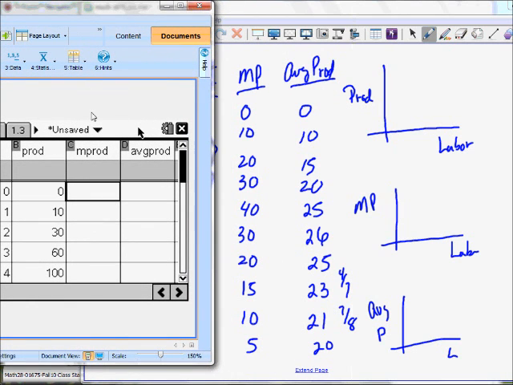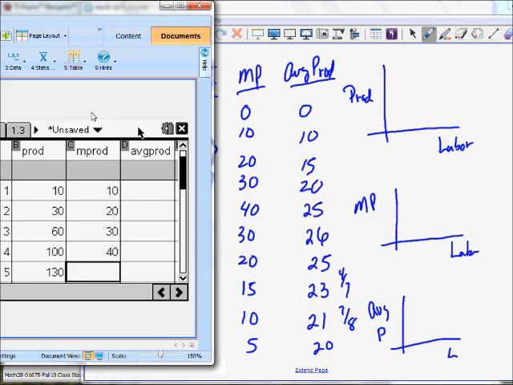Okay, so I'm just going to enter them in that I've got here, 0, 10, 20, 30, 40, 30, 20, 15, 10, and 5.